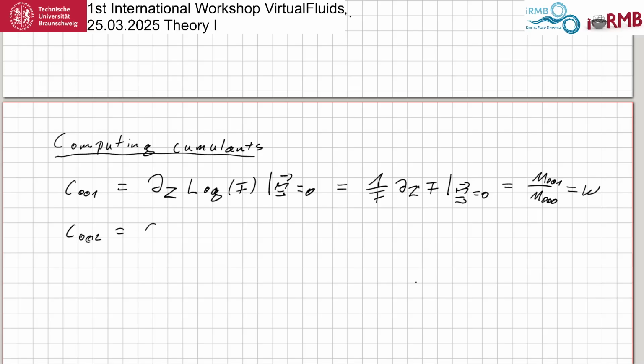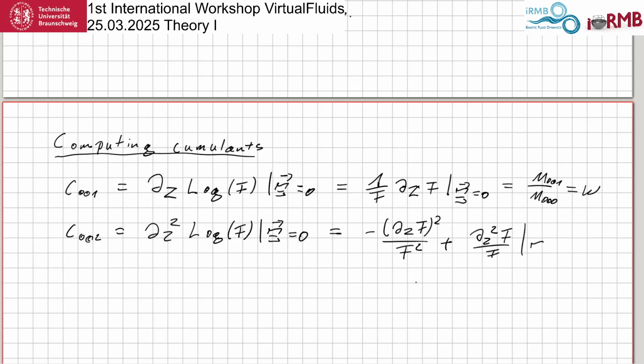So when we take C002, then we get the z second derivative logarithm of f. The easiest way is to take this expression and take a derivative of this again, applying the chain rule. So we get here d set f squared divided by f squared plus the second derivative of f divided by f, and we evaluate this at xi equal to 0.